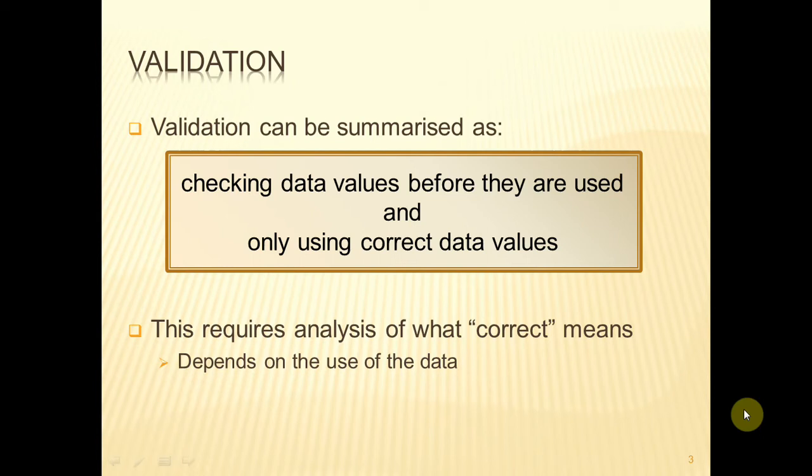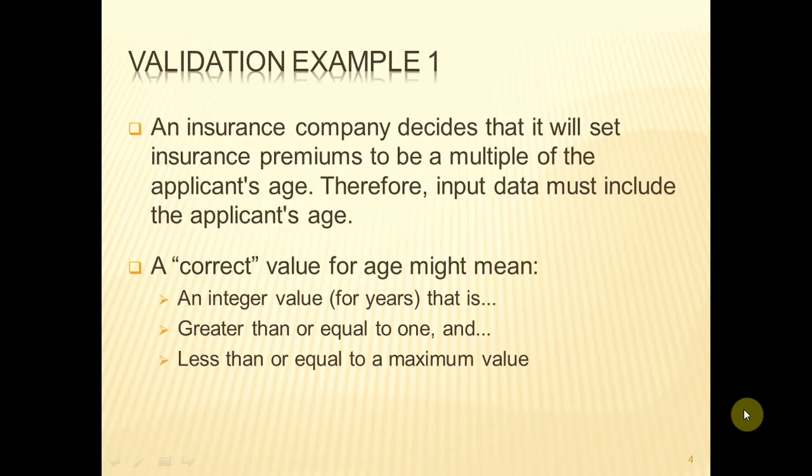But of course, that word correct has got some meaning that is subjective to the application that we're working on. For example, if an insurance company decides that it will set insurance premiums to be a multiple of the applicant's age, then the input data is going to have to include the applicant's age. And therefore, if we're going to validate it, we have to know what correct means.